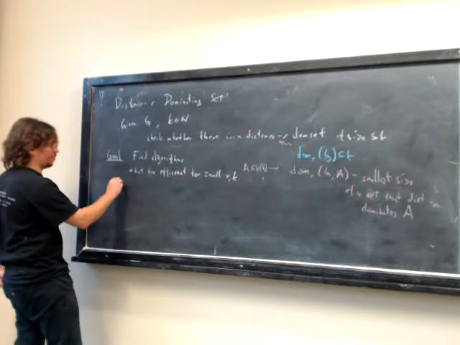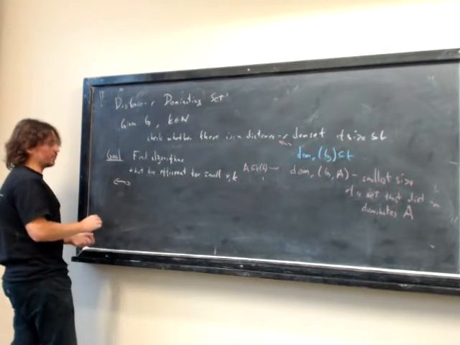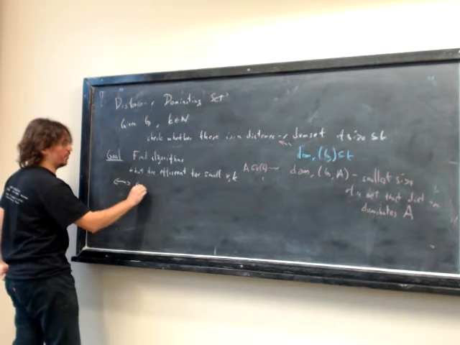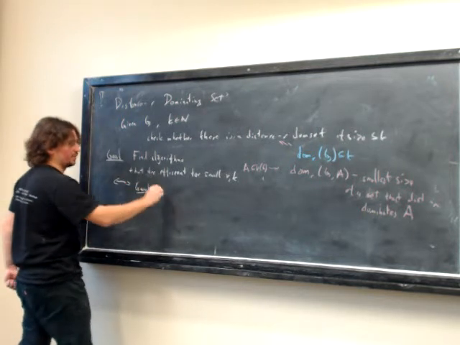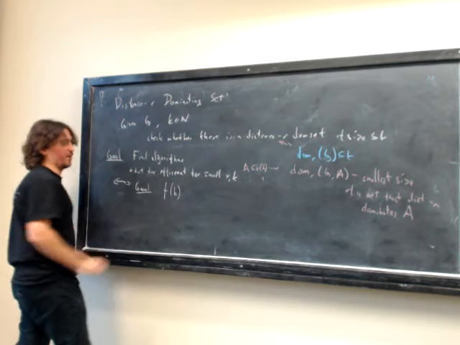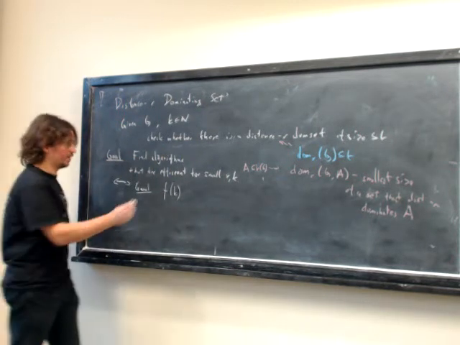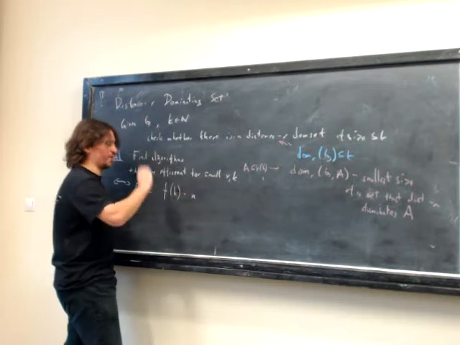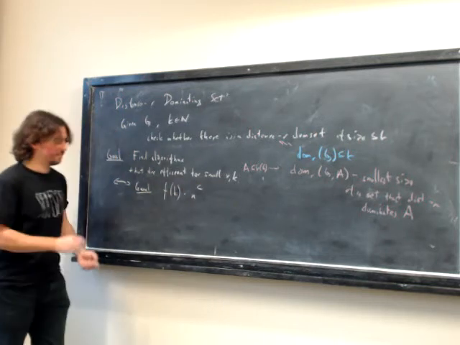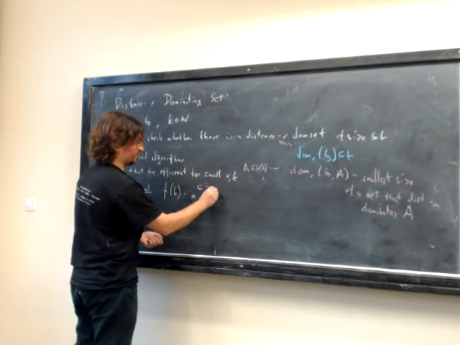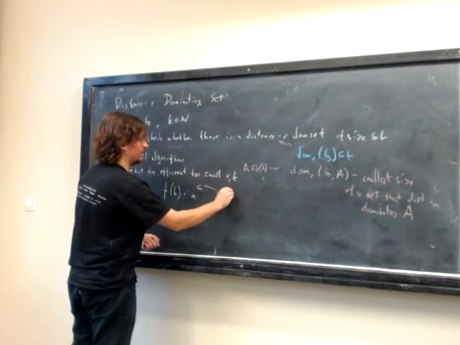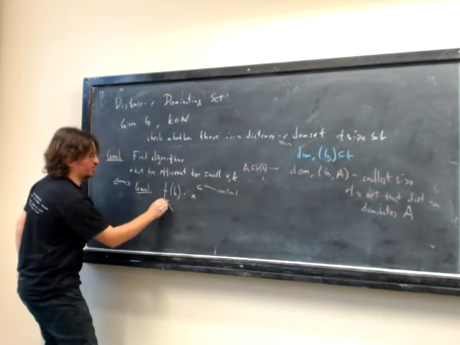To be more precise, my goal is the following running time: some function of the parameter k, the number of vertices I'm allowed to pick, times the size of the graph n to some fixed constant. This should be any function.